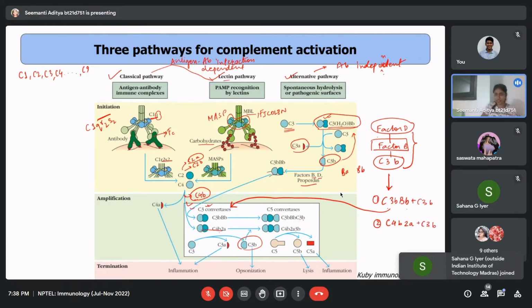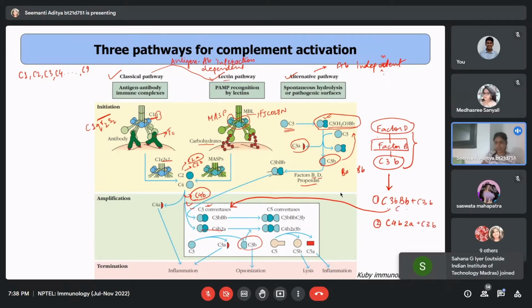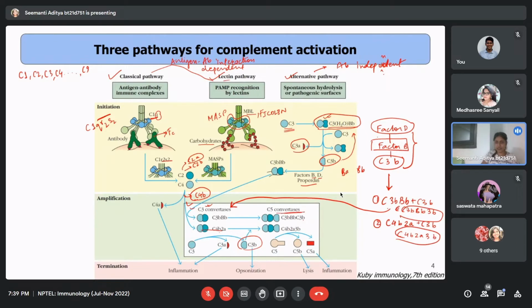So this is forming C3bBb3b, and this is forming C4b2a3b. These complexes formed after addition of C3b result in the formation of a C5 convertase, and this C5 convertase will break down C5 into C5a and C5b, where C5a is associated with inflammation and C5b is associated with lysis.